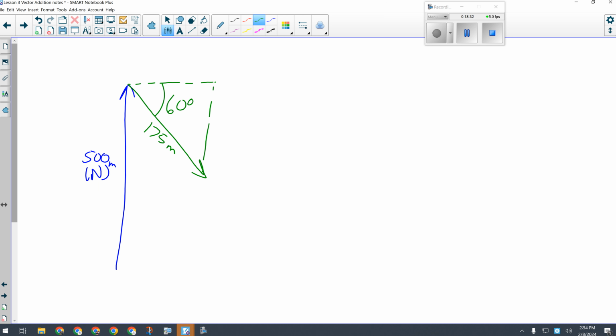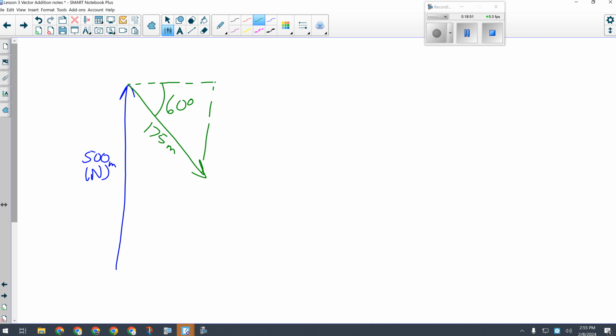It goes 500 meters due north, and then it turns and travels 175 meters, 60 degrees south of east. Okay, where would I draw a line on this diagram that represents the total displacement of that object?